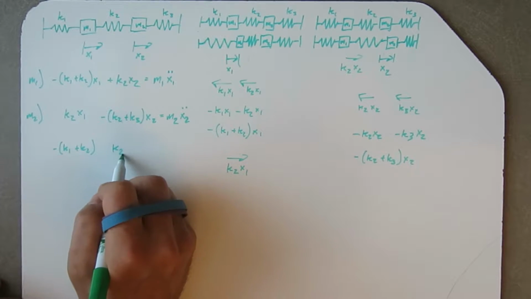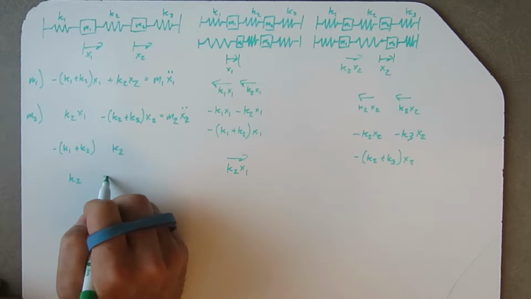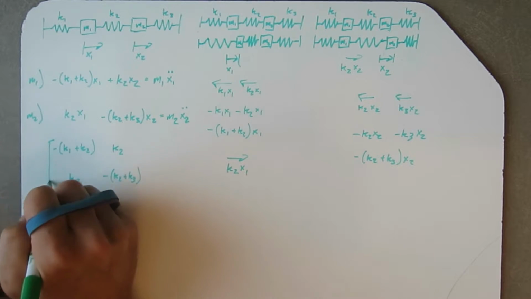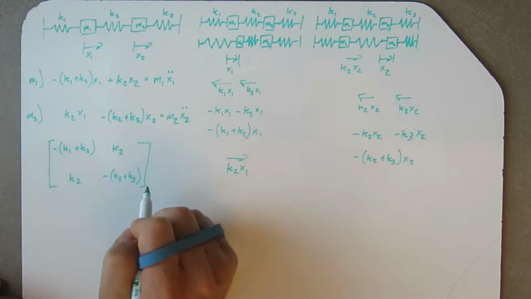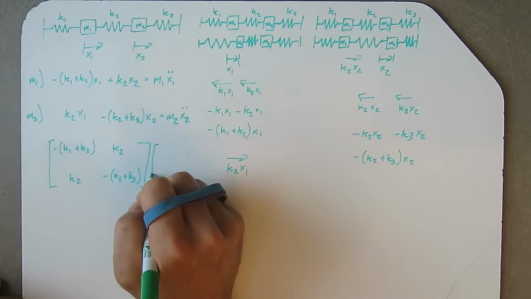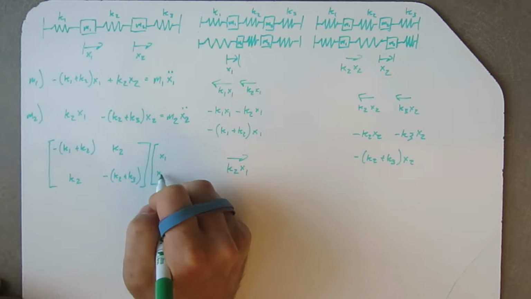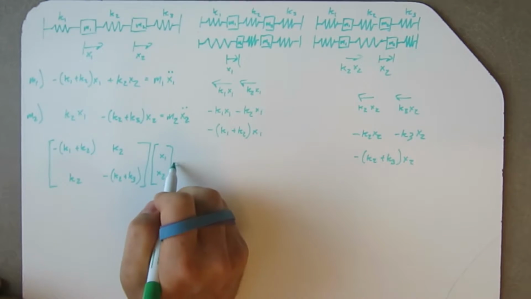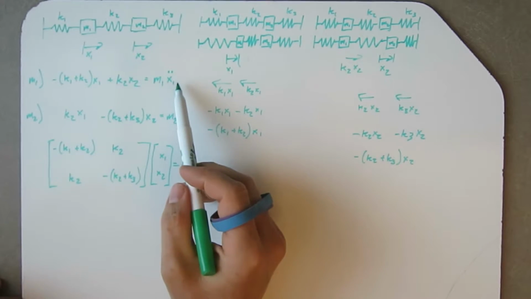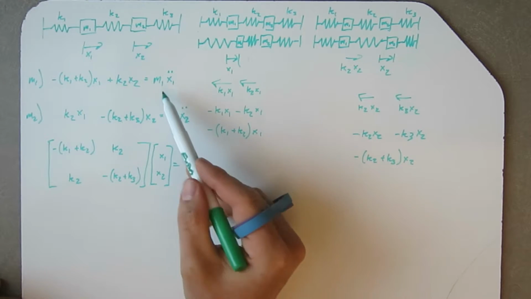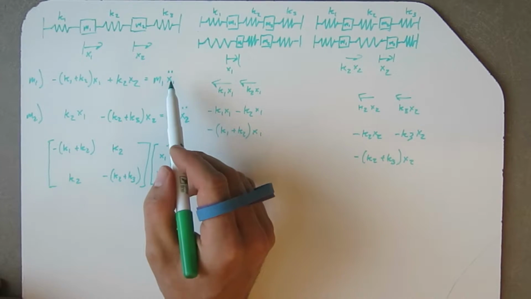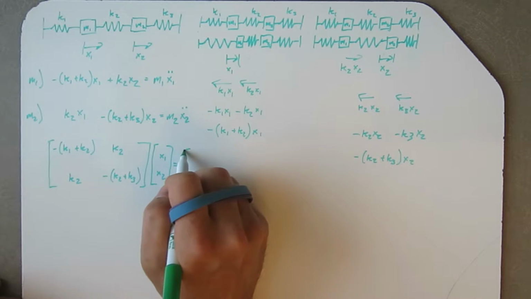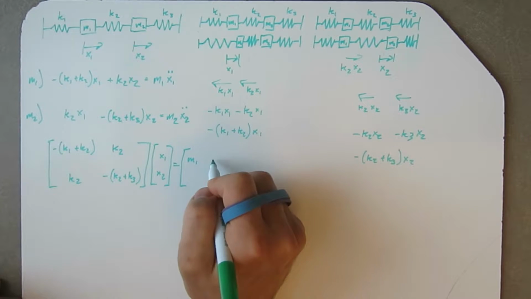So that's what I'm writing right now. And then this we can also consider the mass matrix multiplied by the acceleration vector, x1 double dot and x2 double dot, with some zeros in the corners.